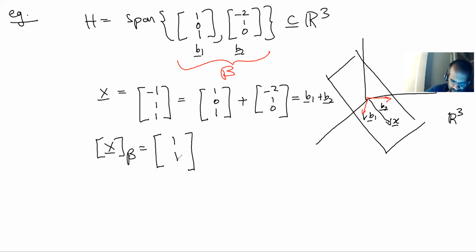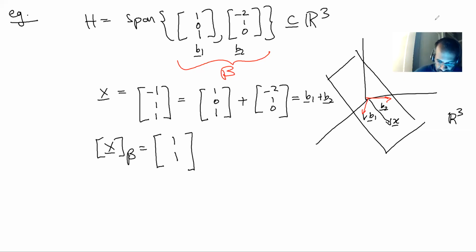So this is another example to keep in mind. You'll be doing more homework problems with this. I'm not emphasizing this at this point in the course, but as per the definition, everything works perfectly well inside a subspace, because after all, a subspace is also just a vector space. This is the beauty of going to more general vector spaces, that you can treat even subspaces as just vector spaces.